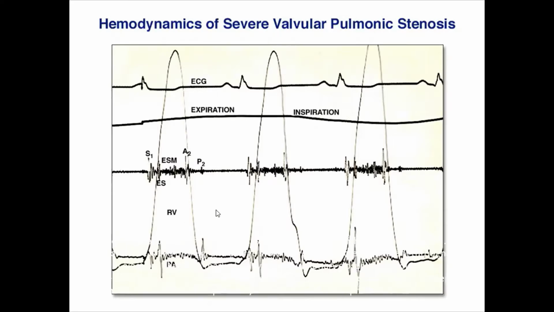The RV pressure is very high and the pulmonary artery pressure is very low. So we have a significant gradient between the pulmonary artery and the RV. Systolic gradient between RV and pulmonary artery with ejection systolic murmur and split of the second heart sound supports the diagnosis of severe pulmonary valvular stenosis.